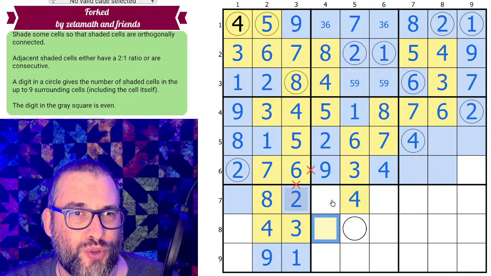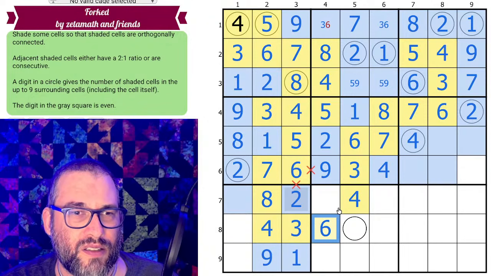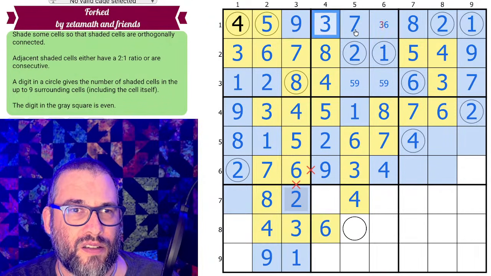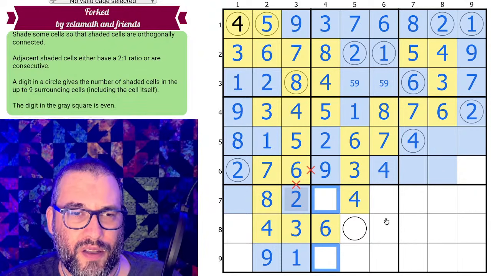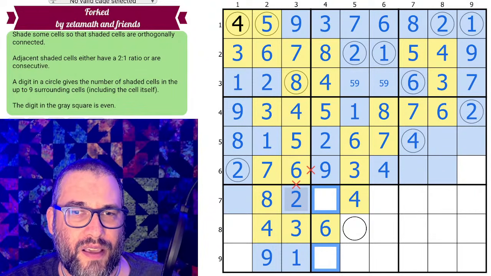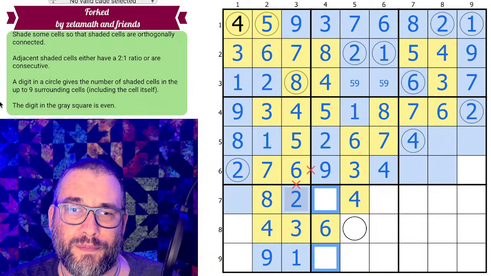It's not a 2. It's not a 4. So it has to be a 6. It's a 3 and a 6 up there. We can fill in these. Oh, interesting. My mark button is not working.